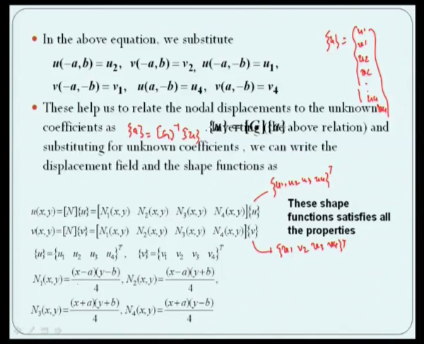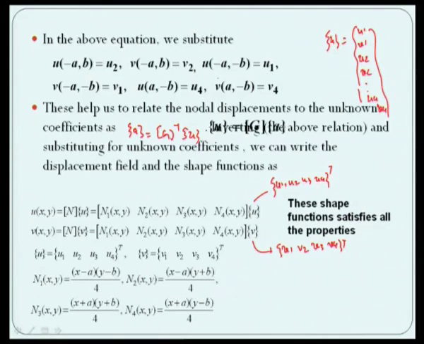And each one can be given as (x minus a)(y minus b) by 4ab, (x minus a)(y plus b) by 4ab, (x plus a)(y plus b) by 4ab, (x plus a)(y minus b) by 4ab. If you look at this carefully, let us substitute at x equal to minus a.